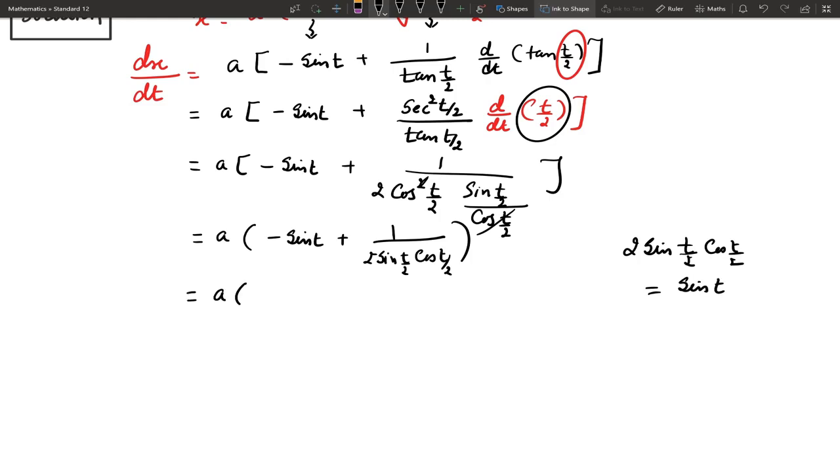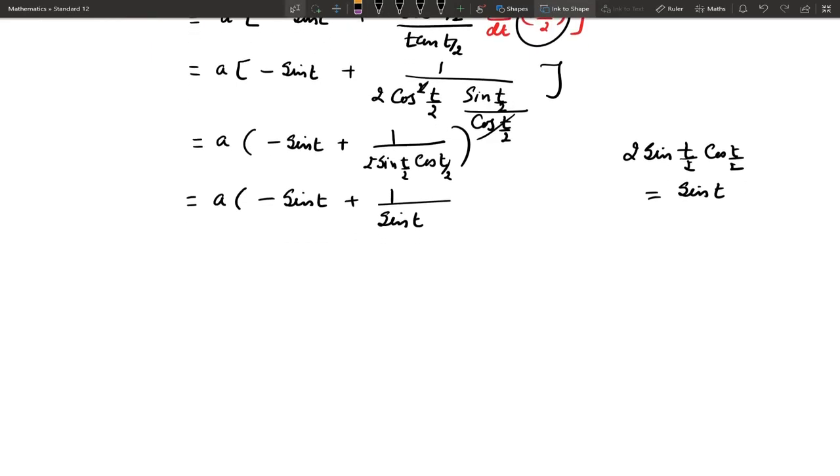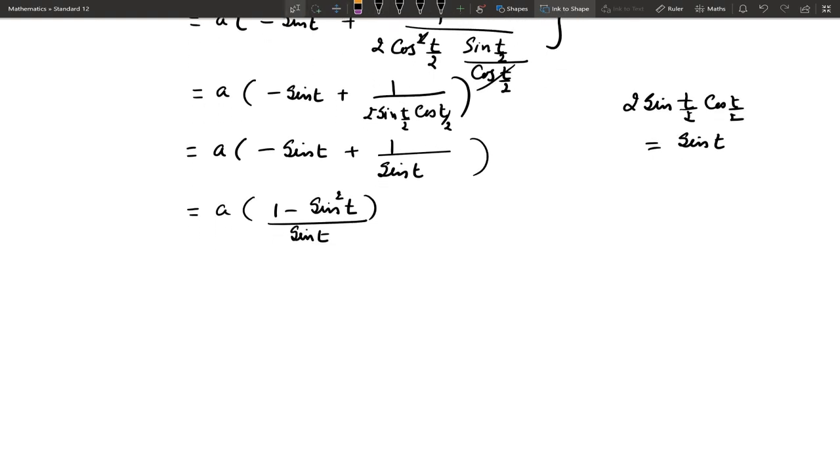So this is a into minus sin t plus 1 upon sin t. Again we take the LCM. So this is a into 1 minus sin square t upon sin t. So this is a cos square t upon sin t.